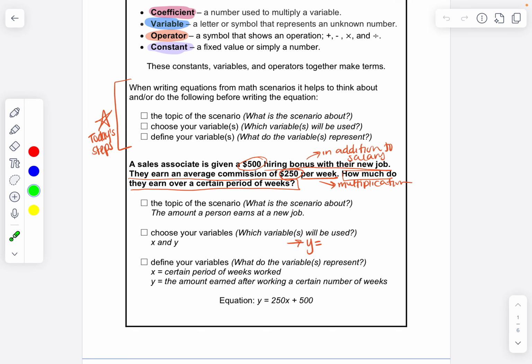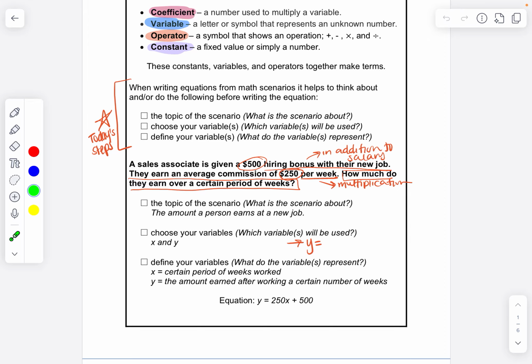Once you explain, some students may be able to say, oh, this is something that you get in addition to whatever you're being paid on the regular. So addition means that we're going to be doing some addition here. So bonus might be addition.